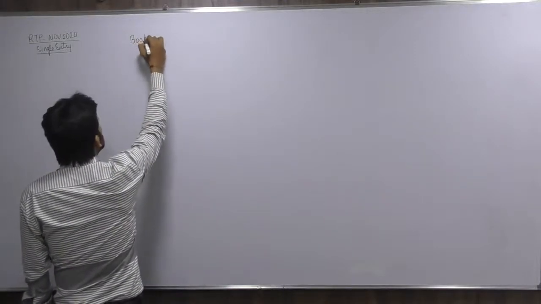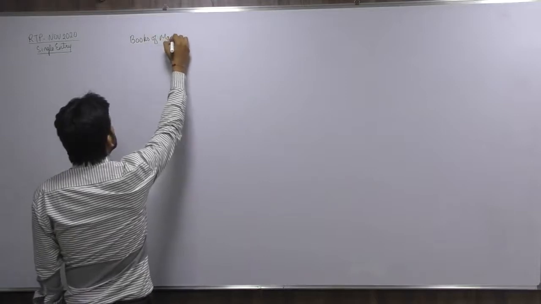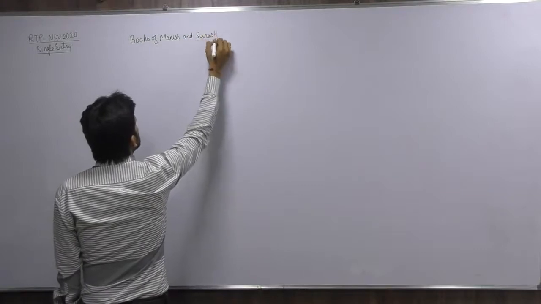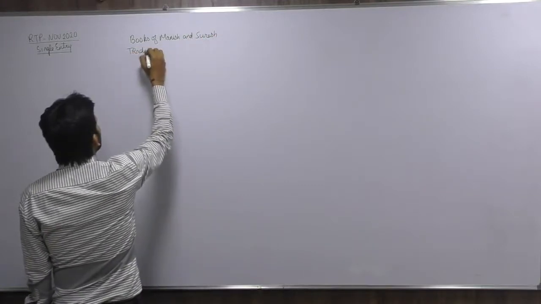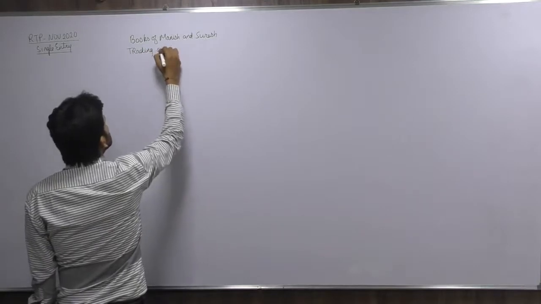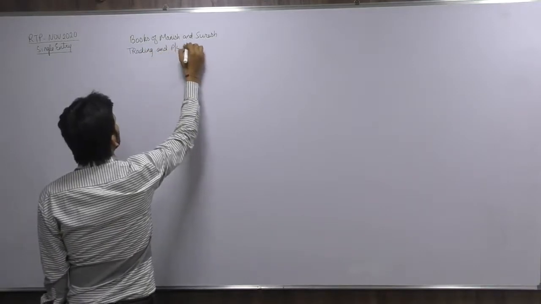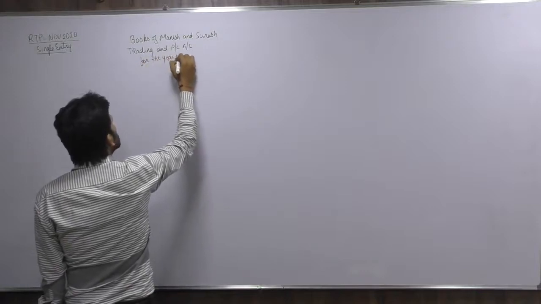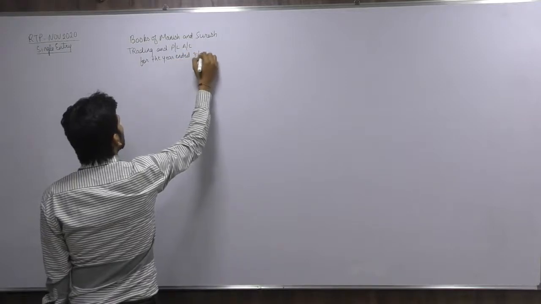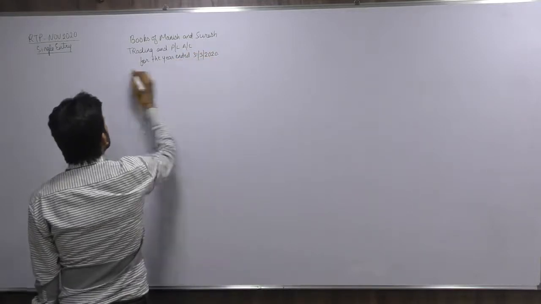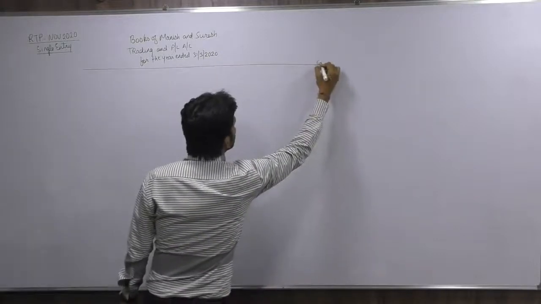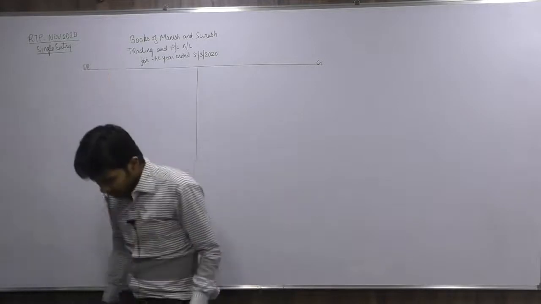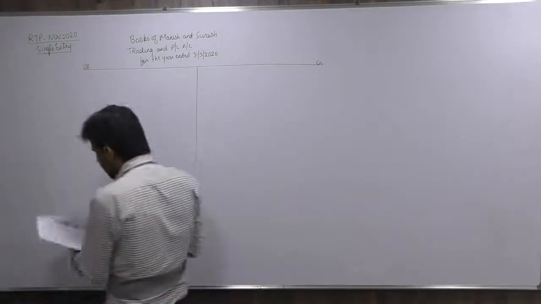Books of Manish and Suresh, Trading and P&L account for the year ended 31st March 2020. Let's start. First of all, we will write the opening stock in the trading account.